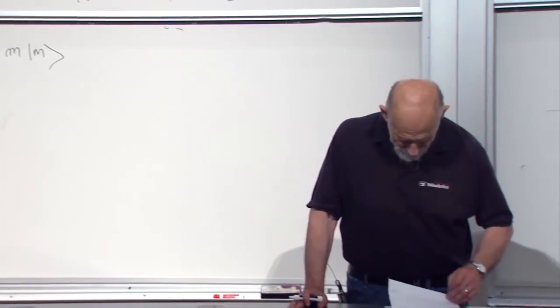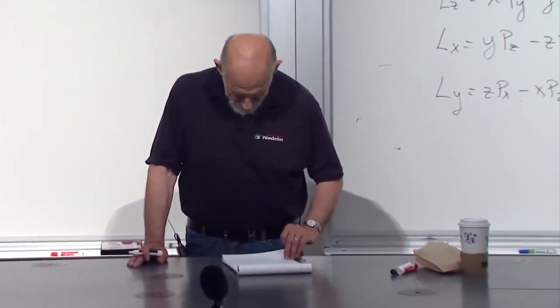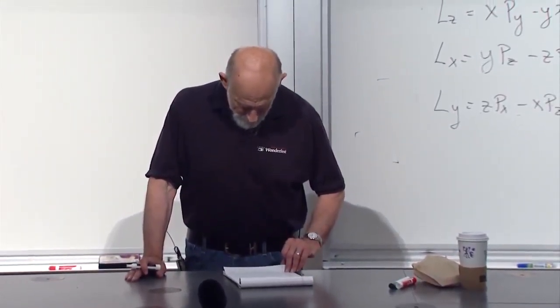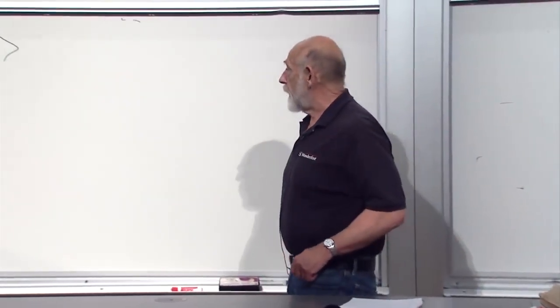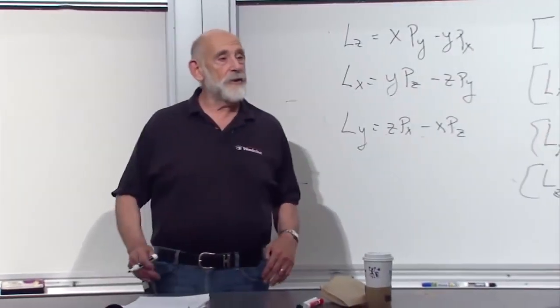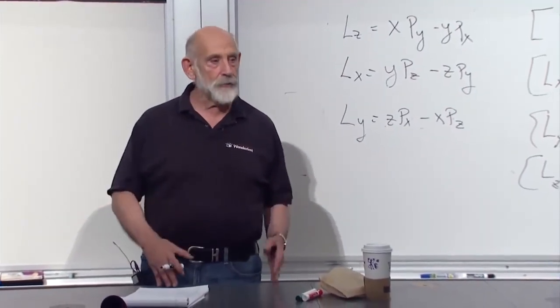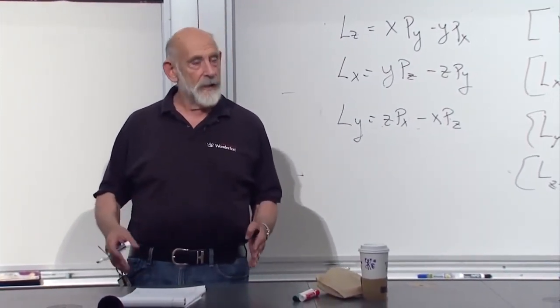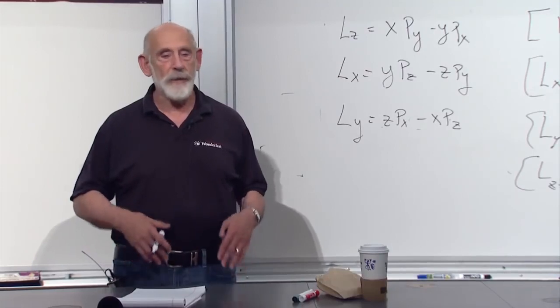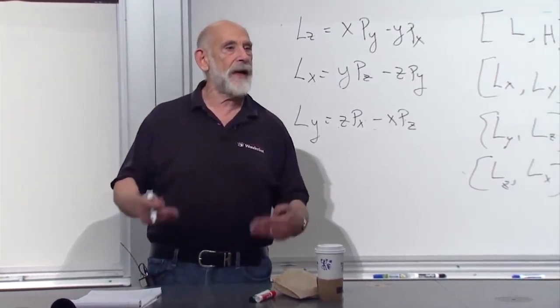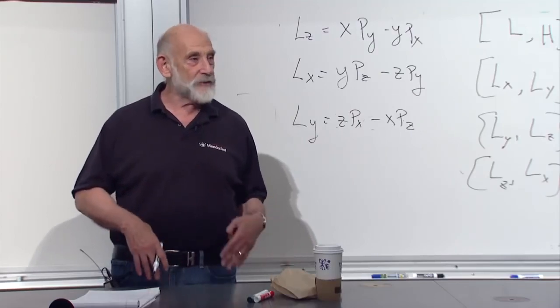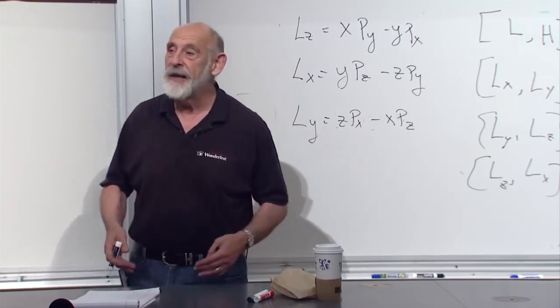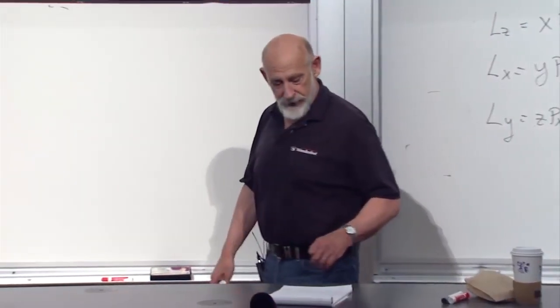But we'll do it anyway. What we want to find out is what are the possible values of m. The possible values of m will be exactly the same as the possible eigenvalues of L sub x and L sub y, because there's nothing special about L sub z, but nevertheless, let's see what we can find out.